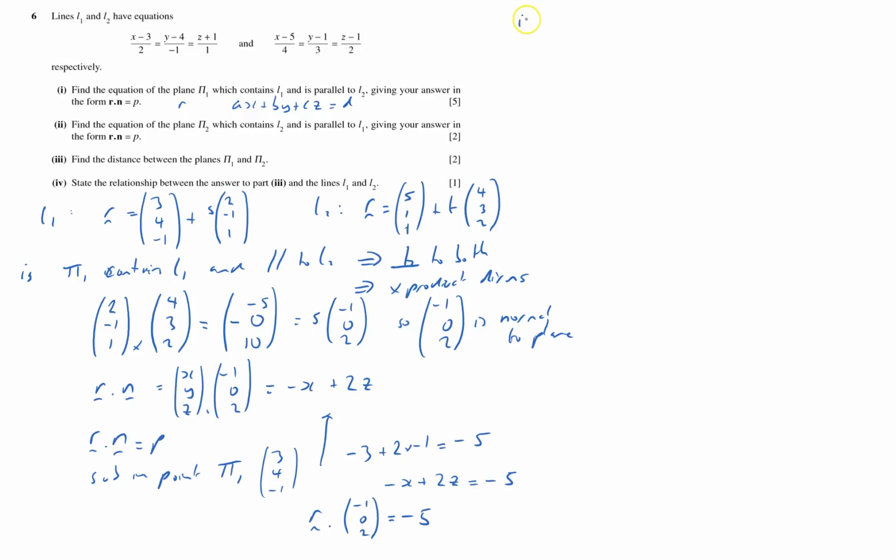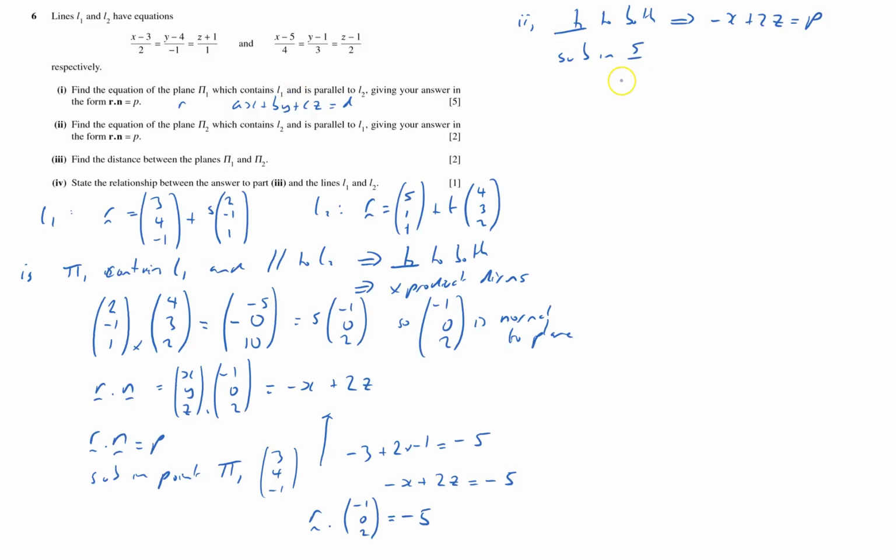Part 2, find the equation of plane pi2 which contains L2 and is parallel to L1. Well, again, it's perpendicular to both. Therefore, we get -x plus 2z equals d, and we need to sub in a point on L2, and that's going to be (5, 1, 1).